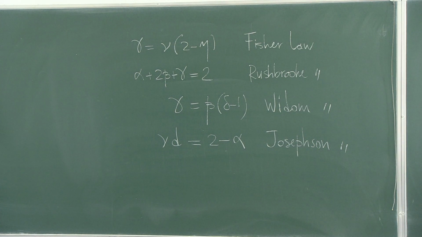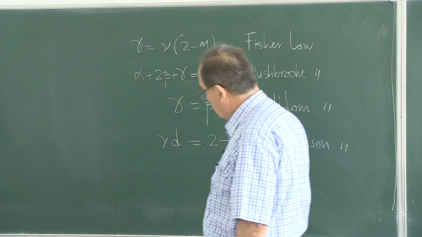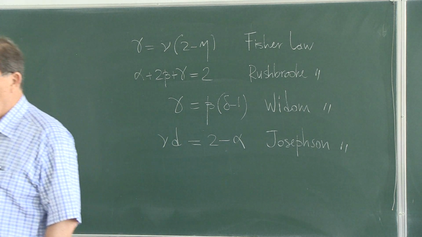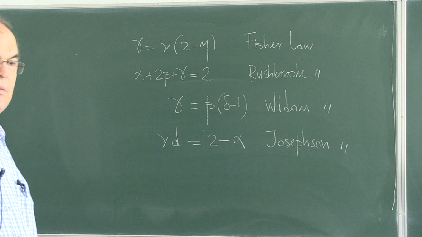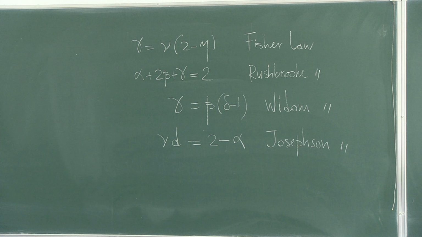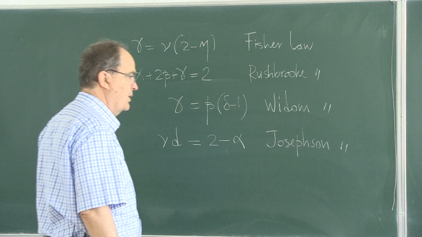So with these, we only have to calculate two independent critical exponents. That's enough to find the others by using these relationships. So there are only two independent exponents, enough to calculate the other four from these relationships. So we have all 6 critical exponents available to us.